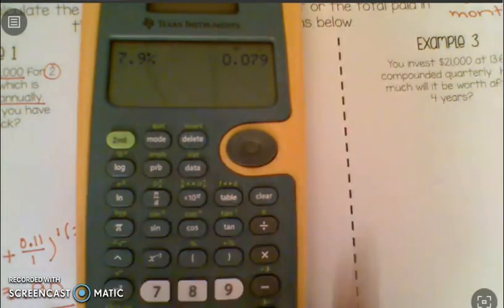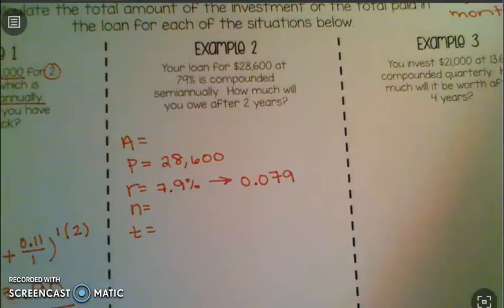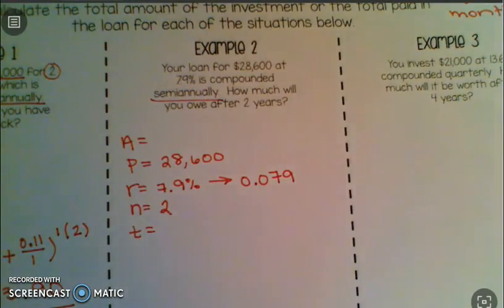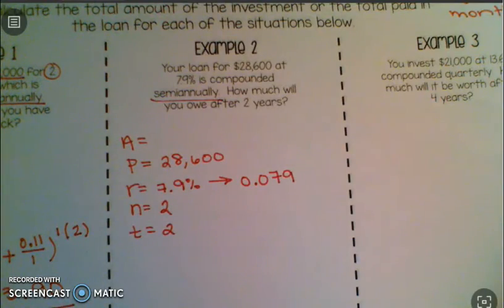Press enter. If you forget, your calculator will do it. Then it says it's compounded semi-annually. Semi-annually happens twice in a year. So that's your N. And then how much will you owe after 2 years? That just happens to also be a 2 for time. And again, we're looking for A, because how much will you owe?